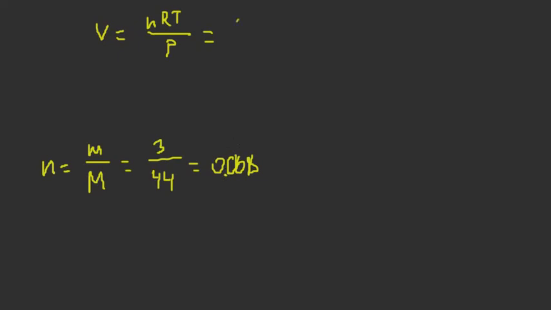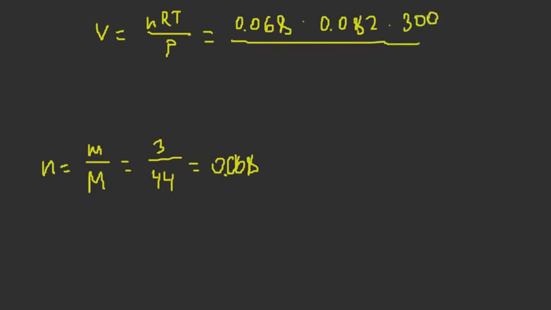So it's 0.068 times R, in terms of liter and atmosphere, 0.082, times T, which is 300 Kelvin, divided by the pressure in atmospheres, because we have taken the gas constant in terms of liters and atmospheres.